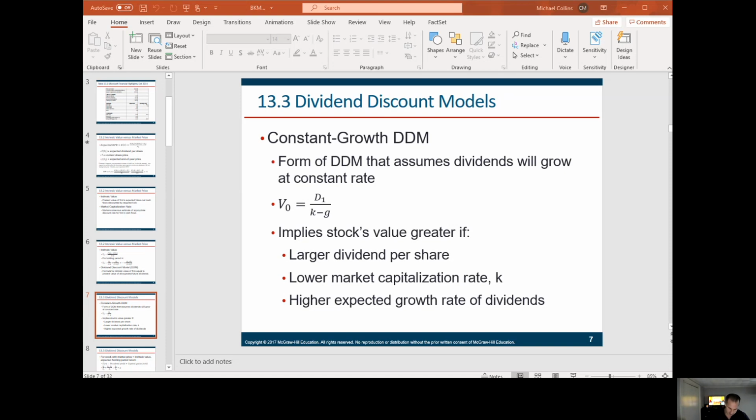If they're paying a dividend of $2.45, and we assume a risk-free rate or a market cap discount of 2%, that means 0.2 minus 0.11 is 0.09. Assuming this grows in perpetuity at 11%, which would be high.